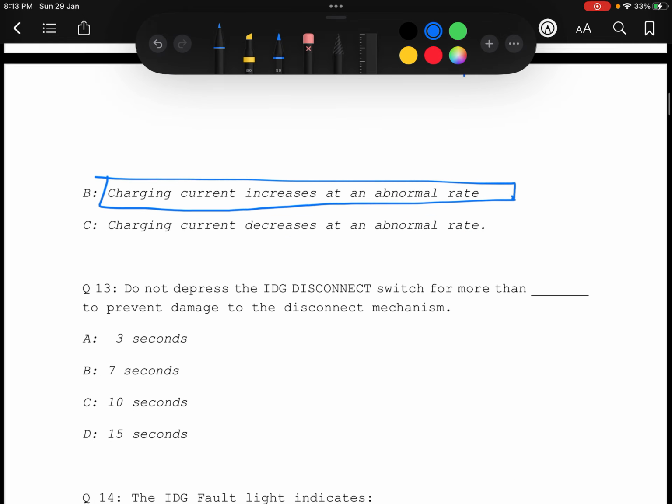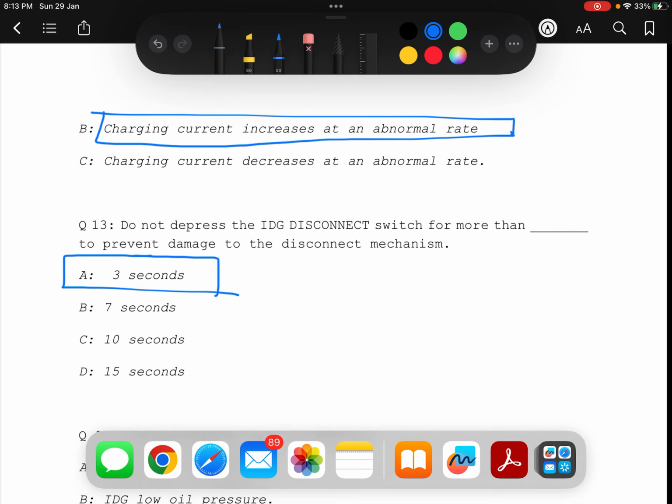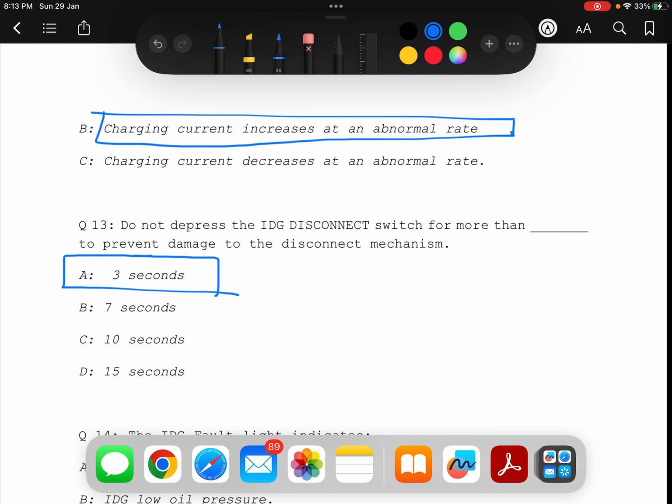So going to another question. Do not depress the IDG disconnect switch for more than how many seconds to prevent damage? So it is 3 seconds. You should not press the IDG disconnect push button for more than 3 seconds. It is on the overhead panel only.